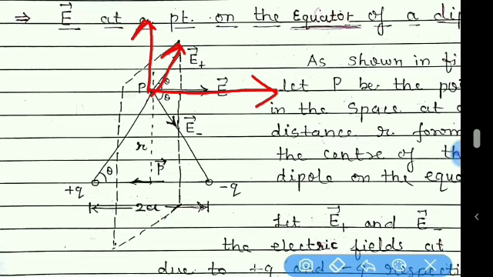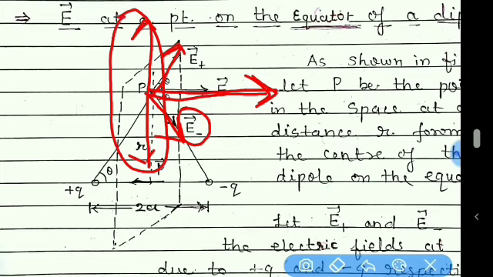Similarly, for E minus, we get two components. See, this is E minus. We get one component along the x-axis and the other component along the y-axis. Now the components along the y-axis, that is these two components, will cancel out and only the x component will remain.